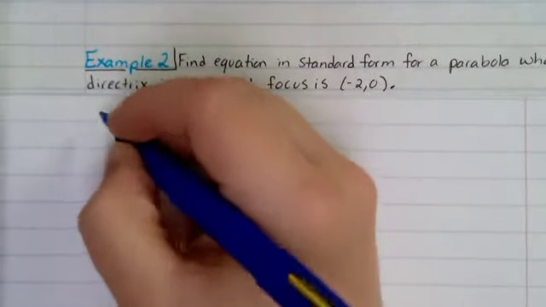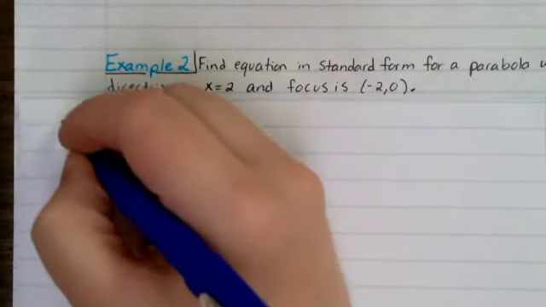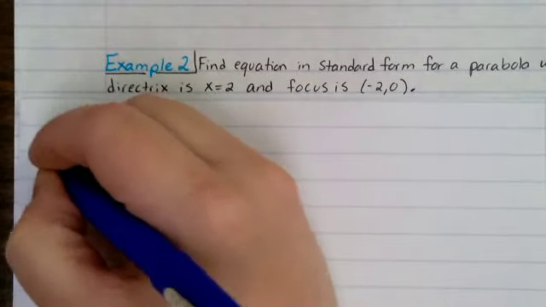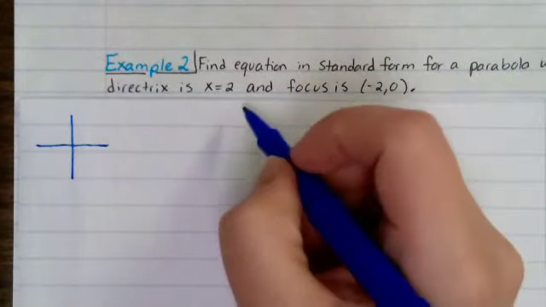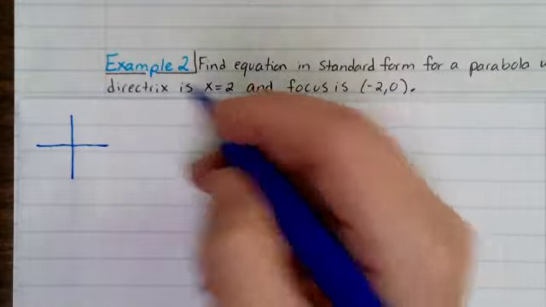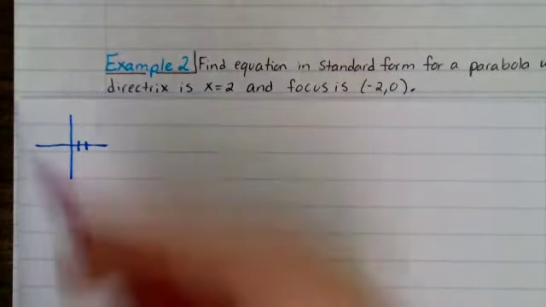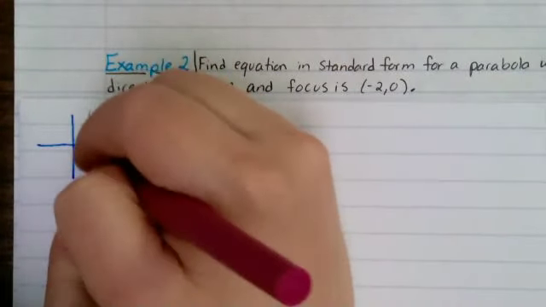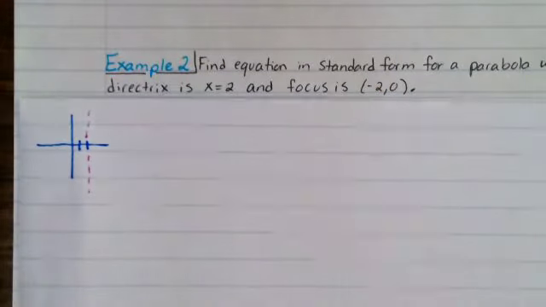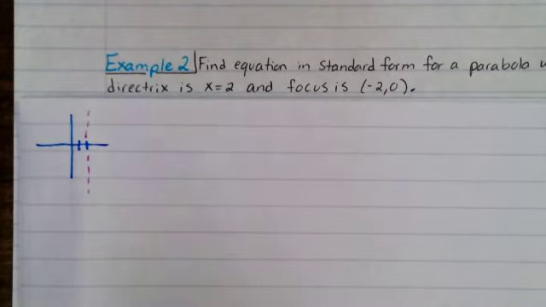Just kind of off in the margins over on the side, I would say, okay, let's see what's going on. If my directrix is at x equals 2, I'm going to go 1, 2, and we're going to put a directrix, that little line right in there. Not an asymptote, okay? Don't view it that way, but that's just our directrix. And then they said the focus is at negative 2, 0.